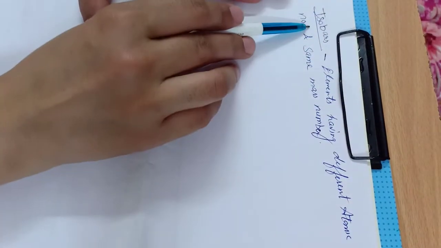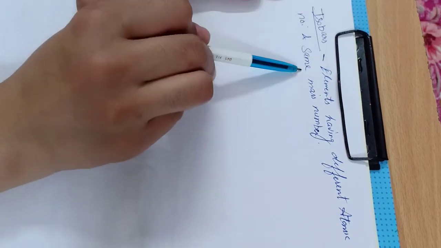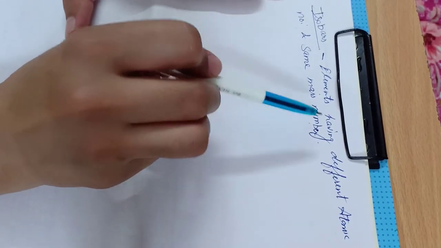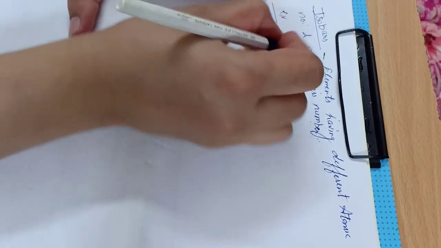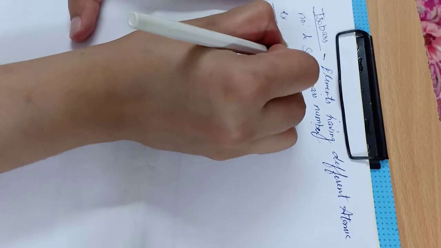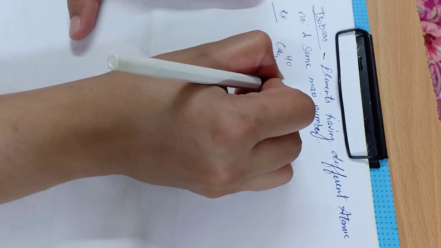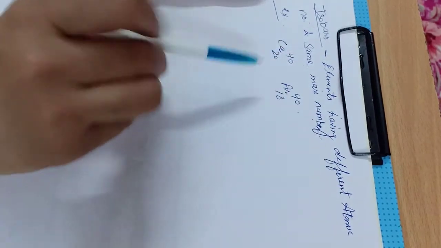Now the next topic is isobars. Isobars are elements having different atomic number and the same mass number. For example, we have calcium with atomic number 20, mass number 40, and argon with atomic number 18, mass number 40.